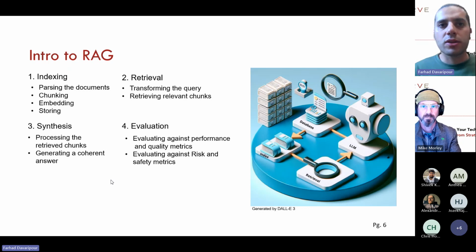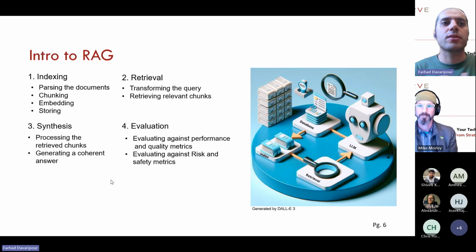Because your question can also be transformed into a vector, and then you can do a vector search and find the most similar vectors from those 100 or 200 text chunks that you have from your document. But this is not just about one document. You can have all the documents within your knowledge repo transformed, and you can run your query against all your indices.